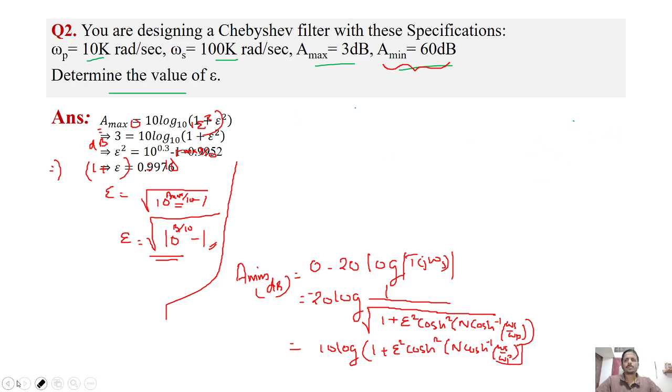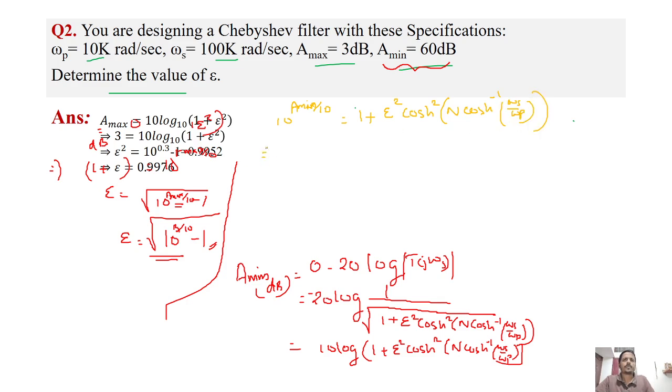Okay, I have got this. From here I can take the anti-log. So I'll get 10 power A minimum by 10 equal to 1 plus epsilon square cosh square of cosh inverse of omega s by omega p.